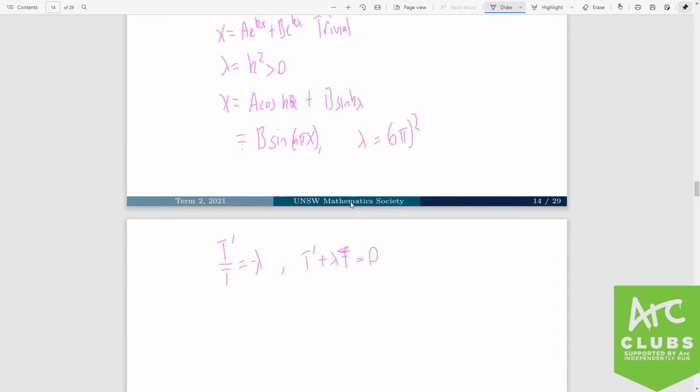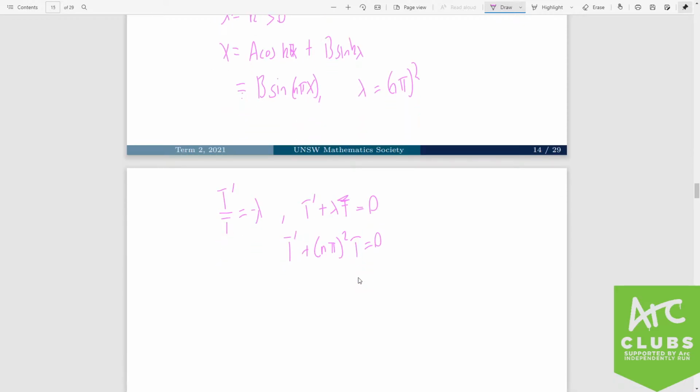Since this lambda has to be the same, we can just sub it in. So T dash plus n pi squared T equals 0. And this is just a first order differential equation, so we can solve it right away. T equals c e to the minus n pi squared t, where c is some constant.